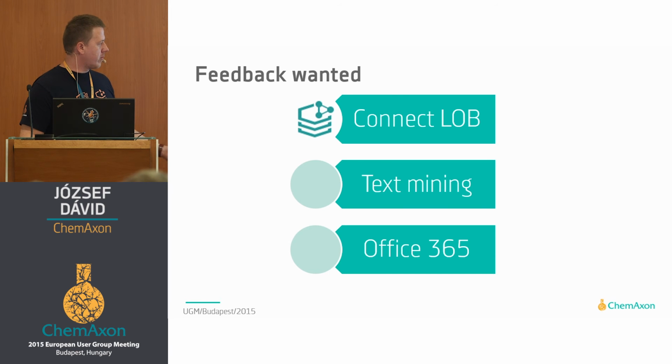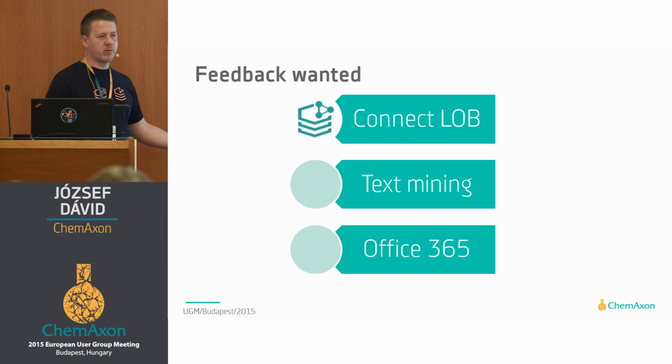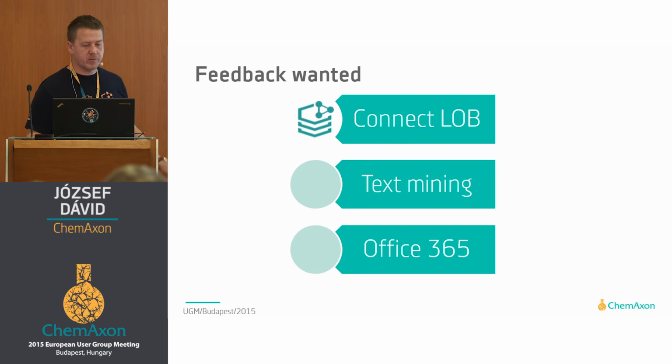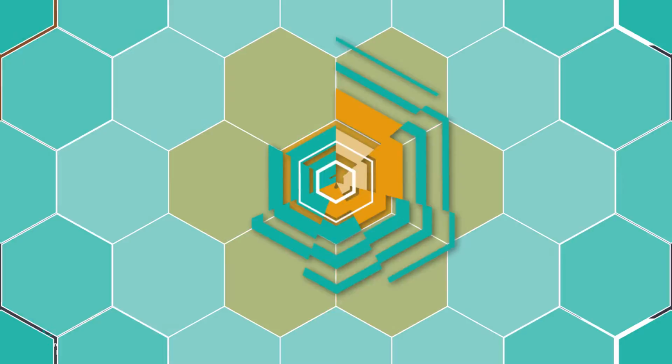We also thought of integrating some text mining tools, and of course the cloud is the Microsoft future direction, so we would like to support that as well, because at the moment we can't support SharePoint Online. So that was all, thank you very much.